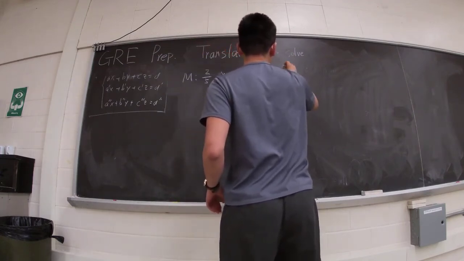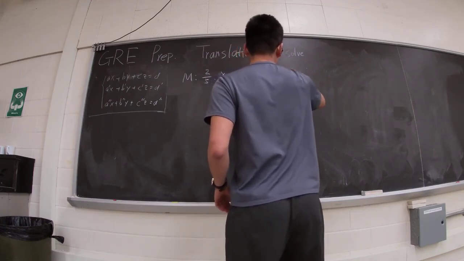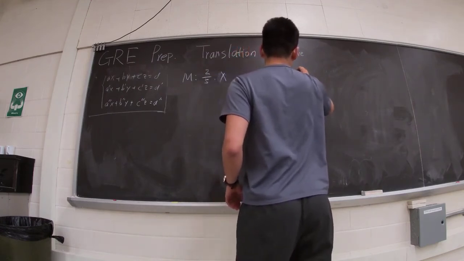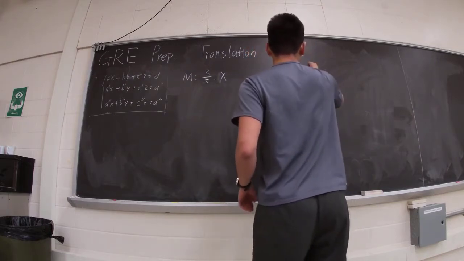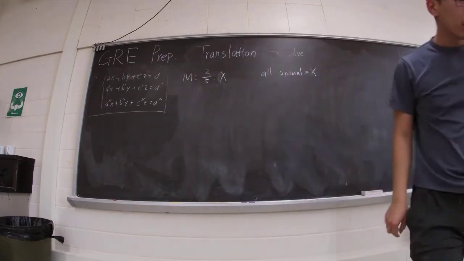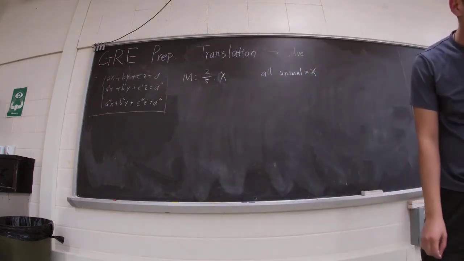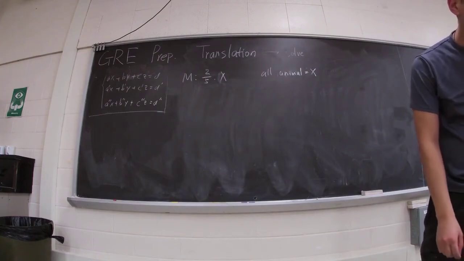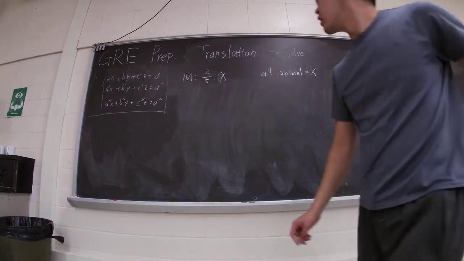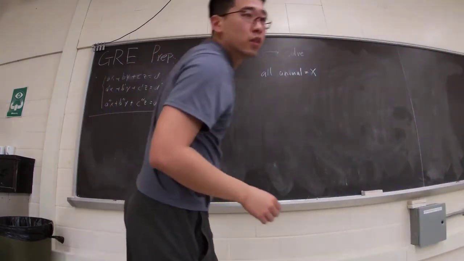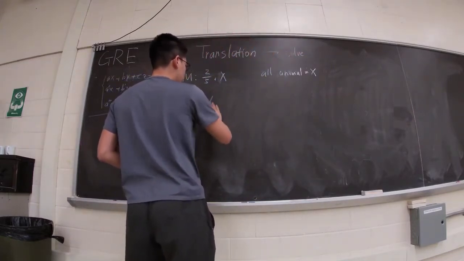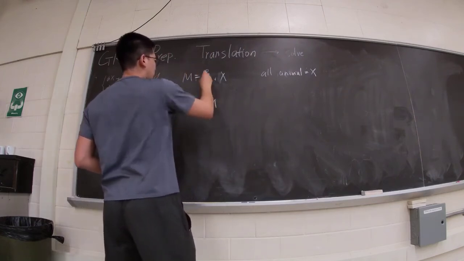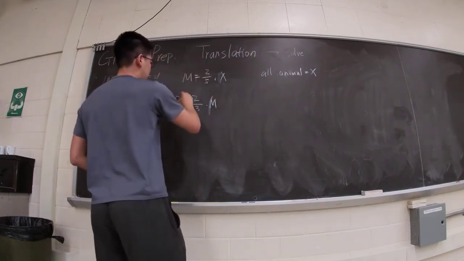All animals is X. 2/5 are mammals. 2/3 of the mammals are allowed to interact directly with the public.